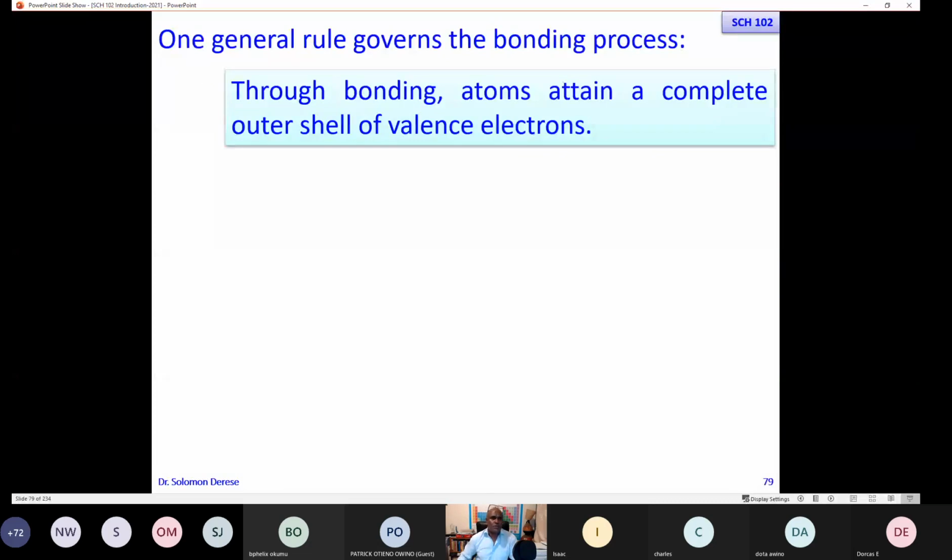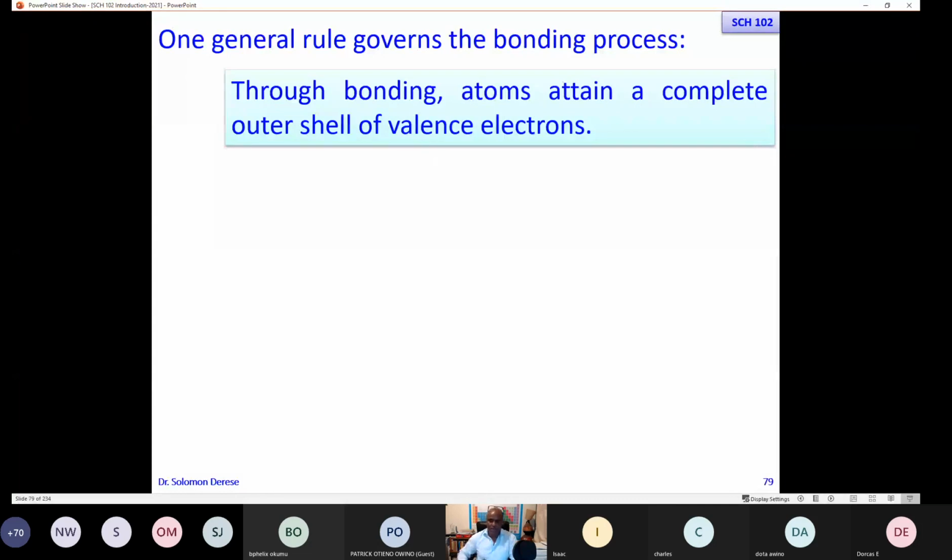When a chemical bond is formed between two atoms, electrons are going to be shared or transferred. The reason why a chemical bond is formed in the first place is that, through bonding, atoms attain a complete outer shell of valence electrons.